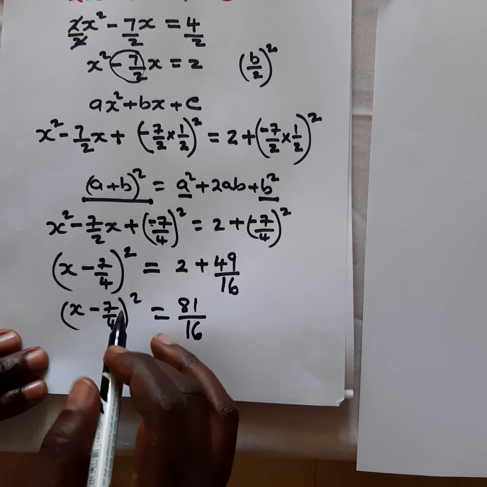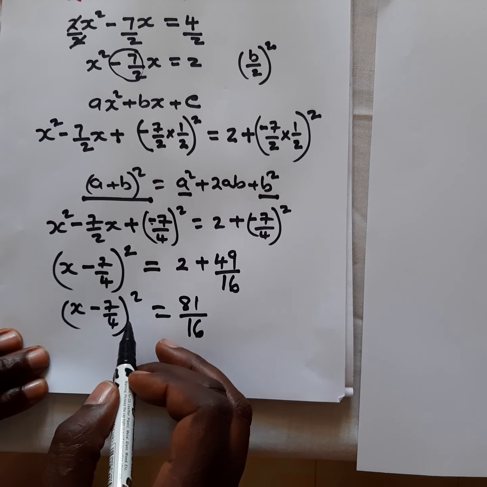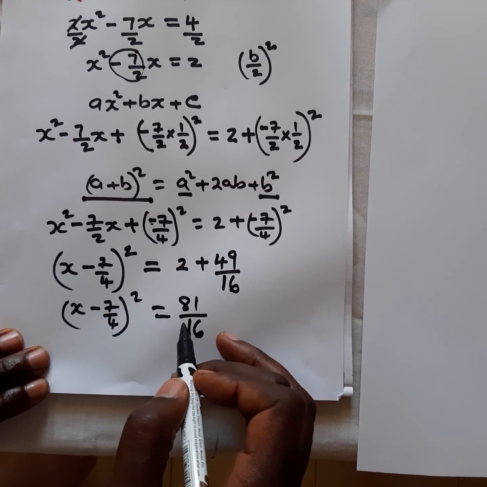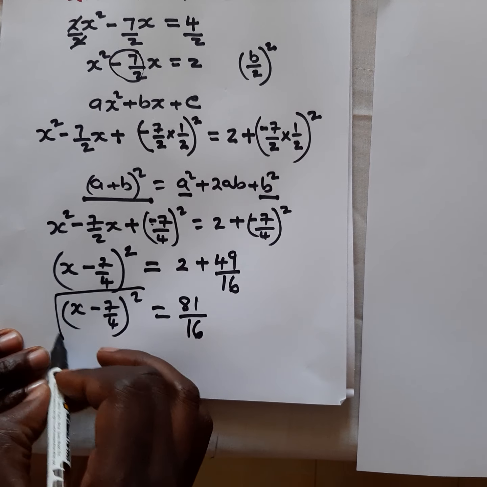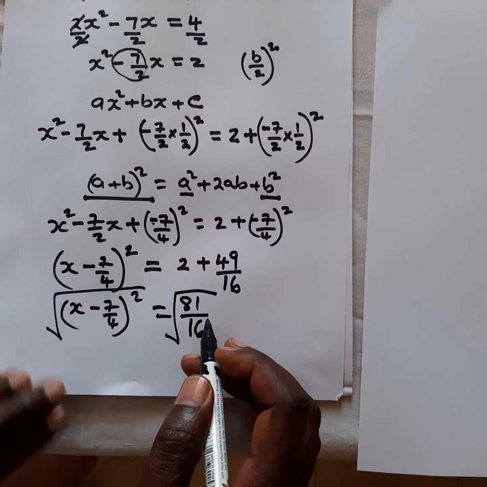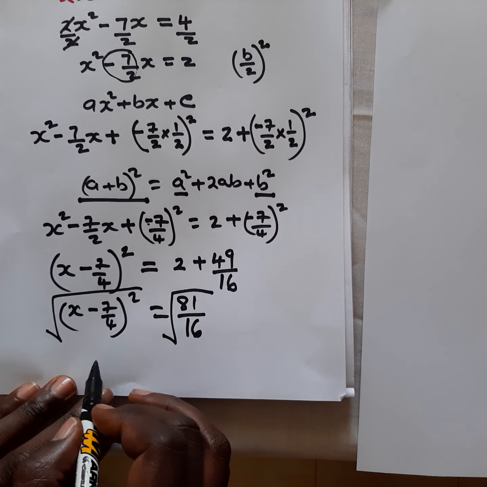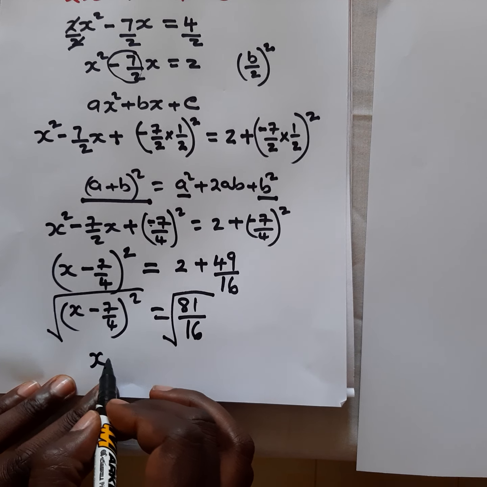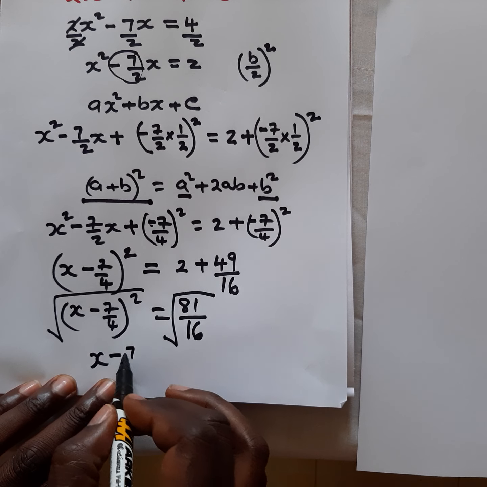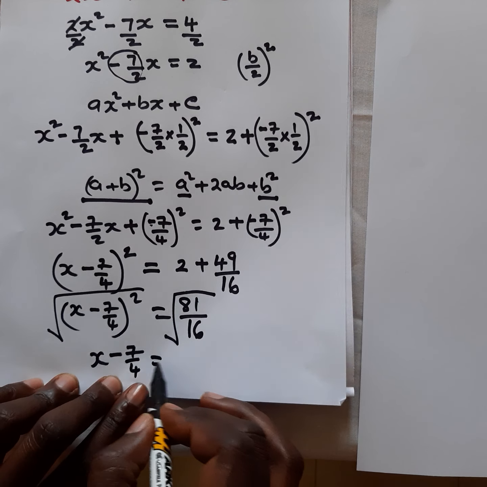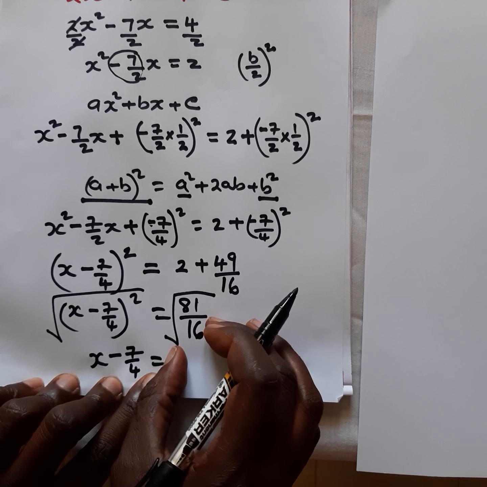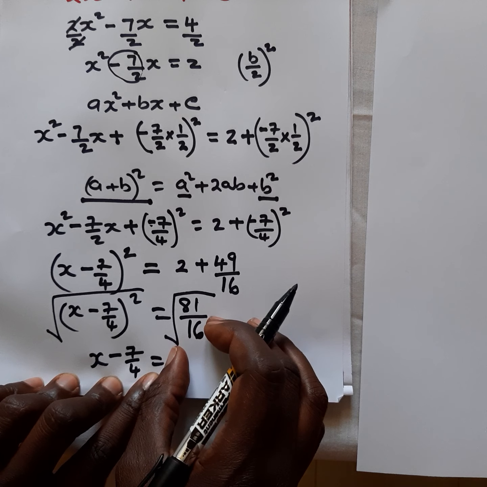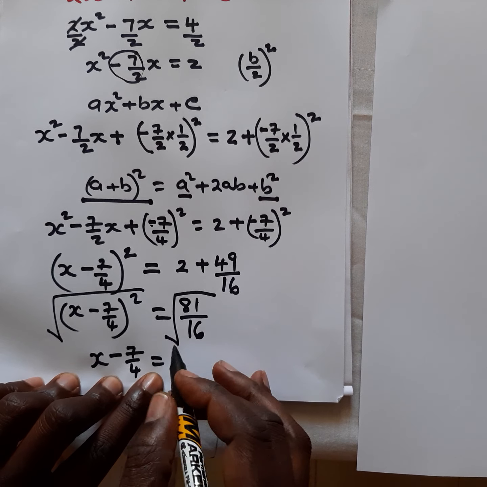Now we can find the square root of both sides. Remember, when we are finding the square root of a number, it is either positive or negative.